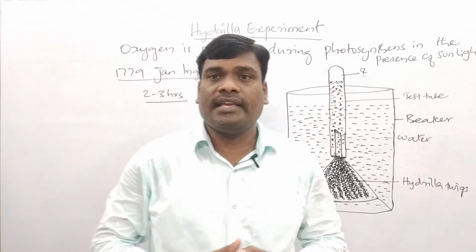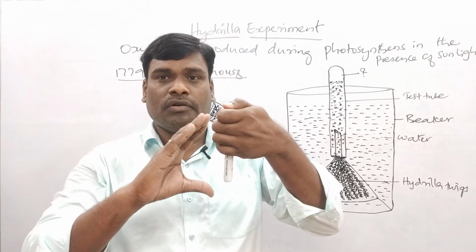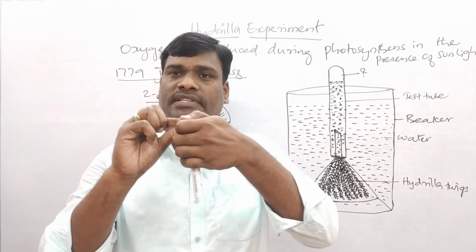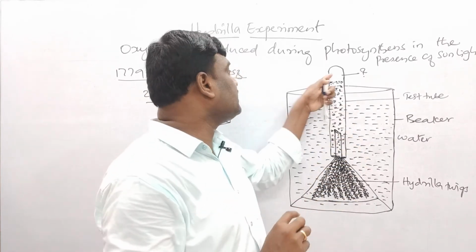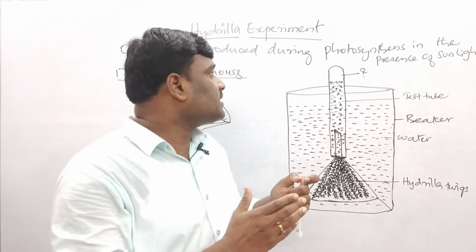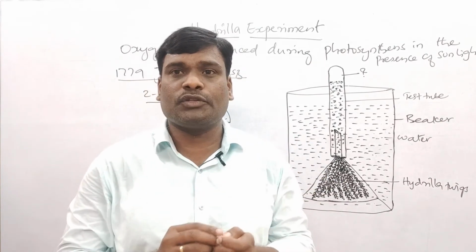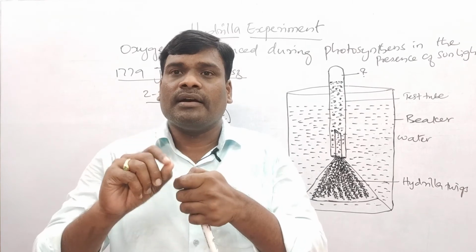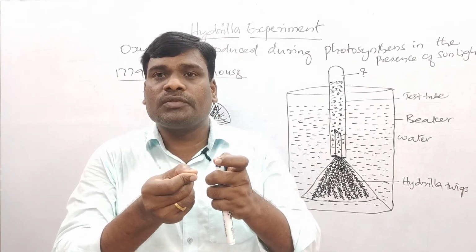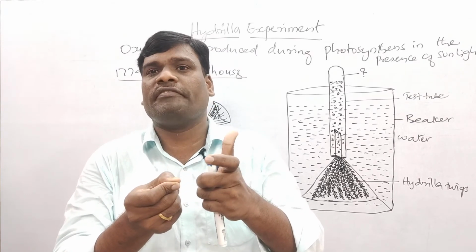And after taking that children, we know that this test tube consists of water as well as at the top we see some what children? Collected gas. So to know that the gas collected is oxygen gas children, you take a burning matchstick and place it near the mouth of this test tube and open your finger.